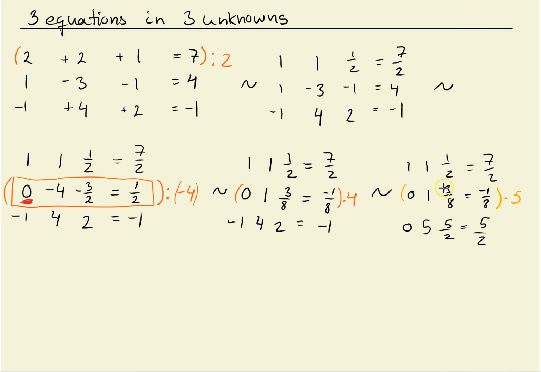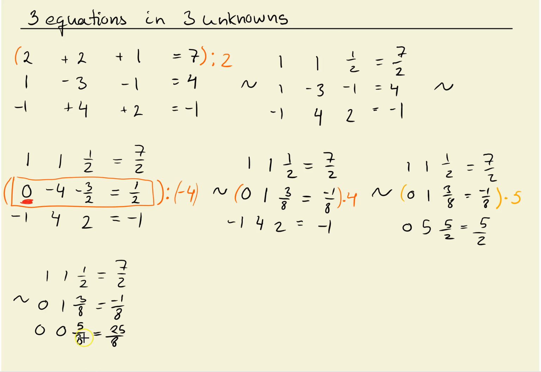So what I do is I multiply this equation by 5 and then subtract it from this equation. And then I obtain this system of equations.